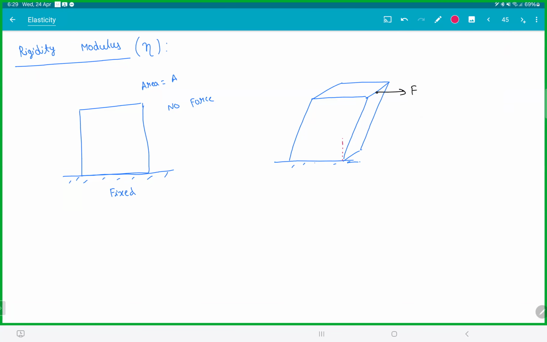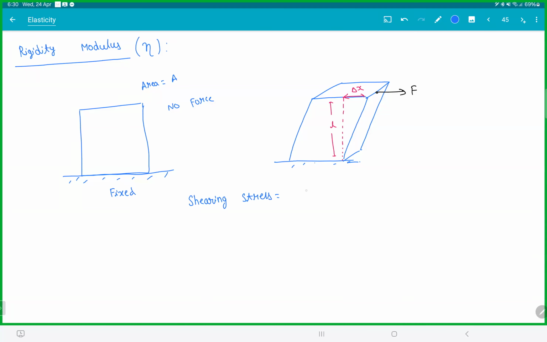If you see here, this entire layer has moved here. So this would be the displacement of the layer, delta x, and let's call this distance h. So we define something called shearing stress. Remember, longitudinal stress is what? Tension perpendicular to cross-sectional area.